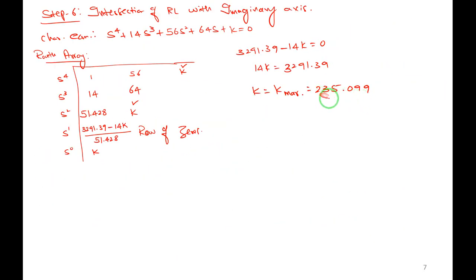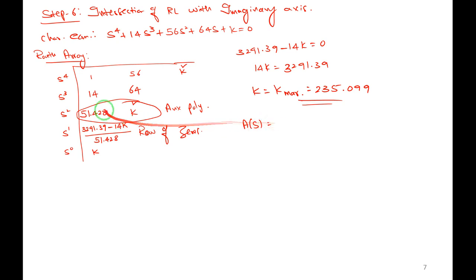Okay, fine. The marginal value of k we found out is 235.099. This is the row of zeros. Just above the row of zeros, form the auxiliary polynomial using this row. So A of s is the auxiliary polynomial.